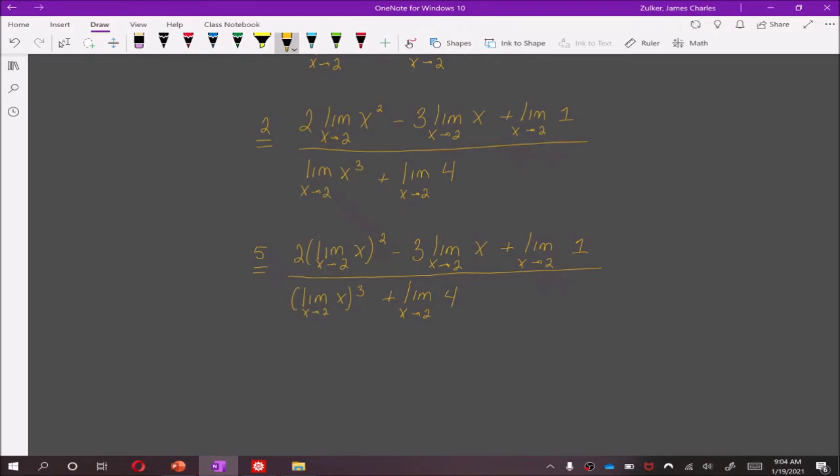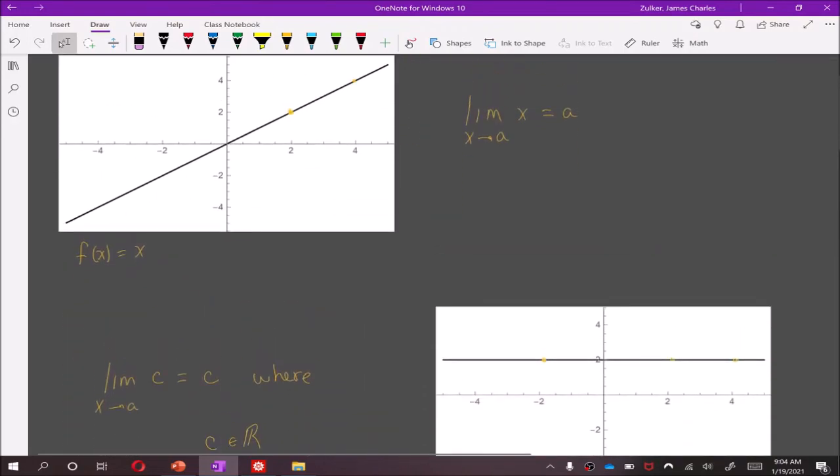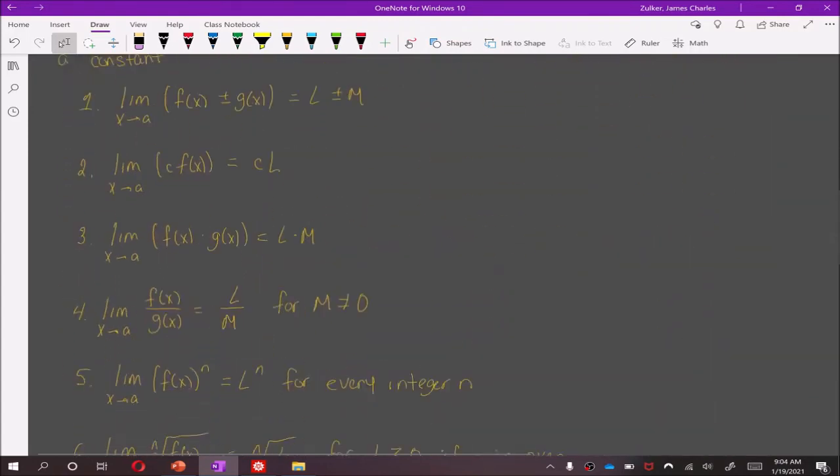Now we're finally in a position to go ahead and try to evaluate this, because notice now we're strictly in terms of limits of x's or constants. And we can use these two basic limits to evaluate them.